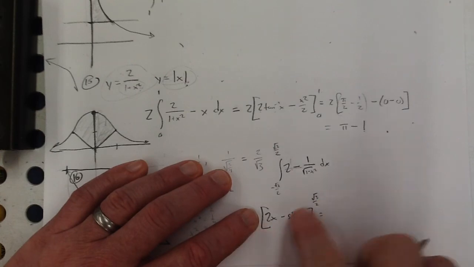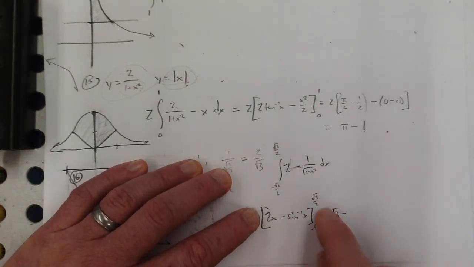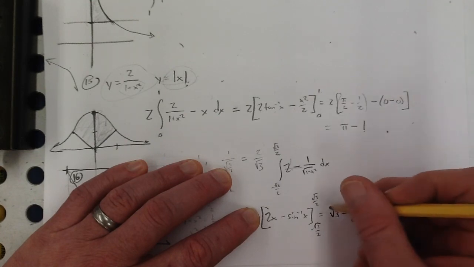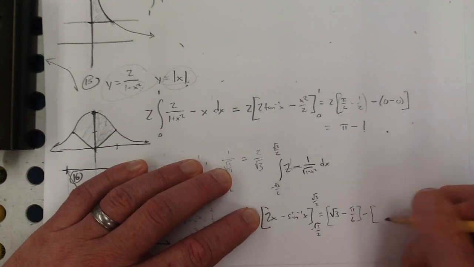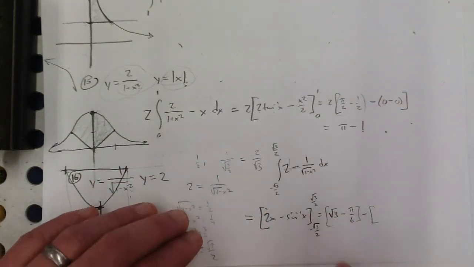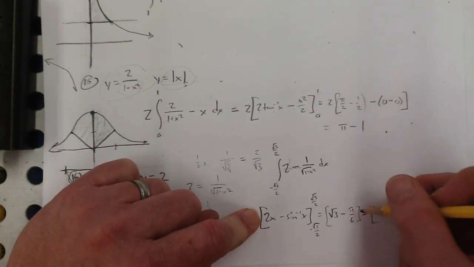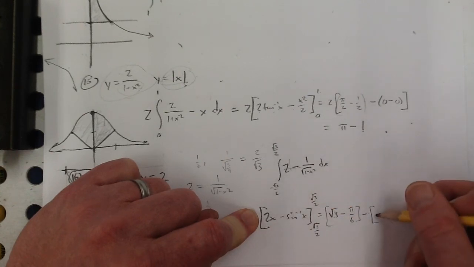So 2 times square root of 3 over 2 is just the square root of 3, minus the sine inverse of the square root of 3 over 2 is pi over 6. Minus, by the symmetry of this thing, we are going to get just double of this, but let's go ahead and do it anyway. So minus square root of 3 over 2 times 2.